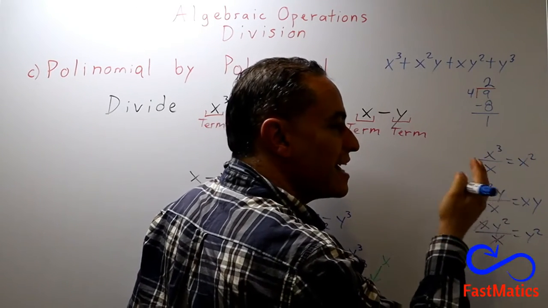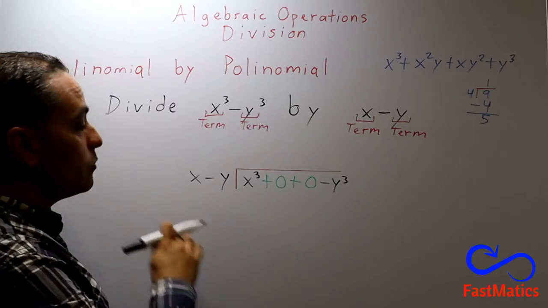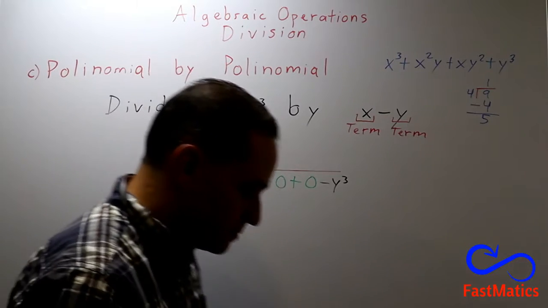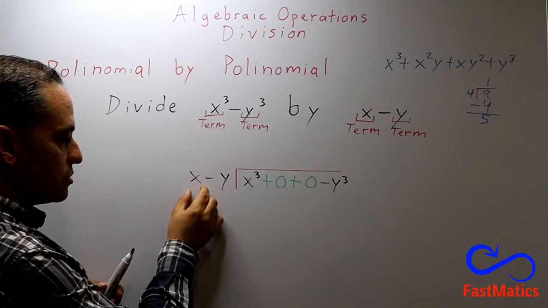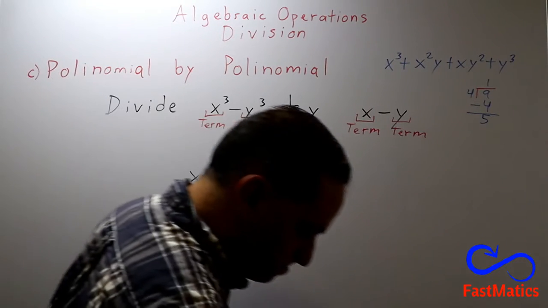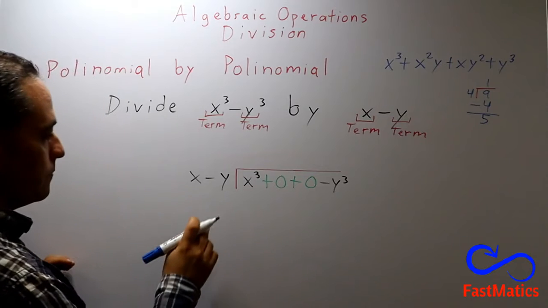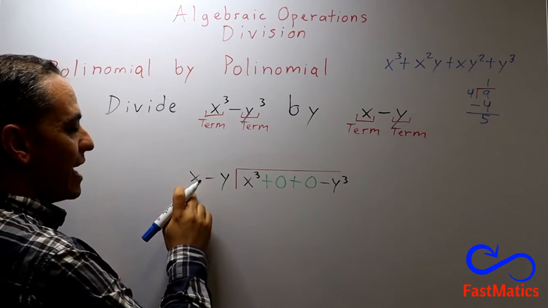In this kind of division you will do the same. So here we are going to do the same. We divide the first term by the first term. x cubed divided by x.